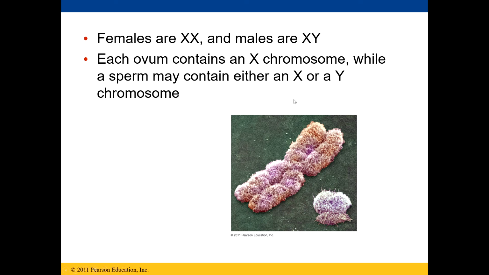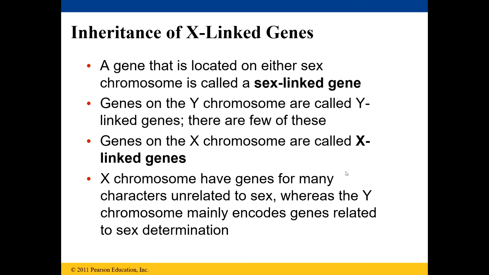This is the actual micrograph taken of chromosomes that have duplicated. You can see, again, it looks like an X here, and then the Y in the male is much smaller. And again, not many important genes there, the main one being that TDF gene.